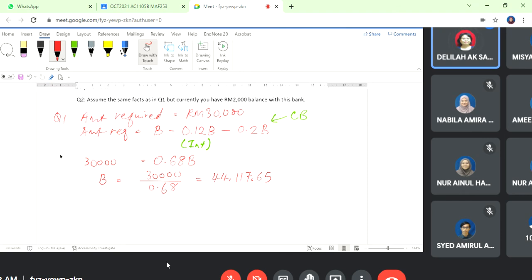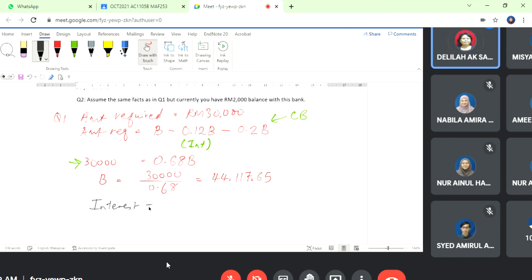Okay. Tapi yang you dapat dari bank adalah 30,000 yang diperlukan. So you borrow this amount. From here, you are going to calculate interest.